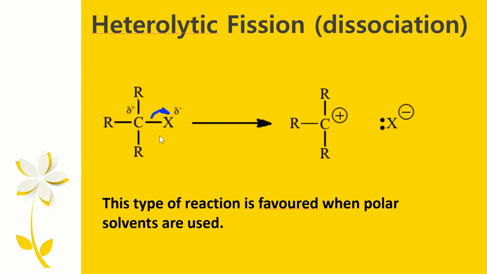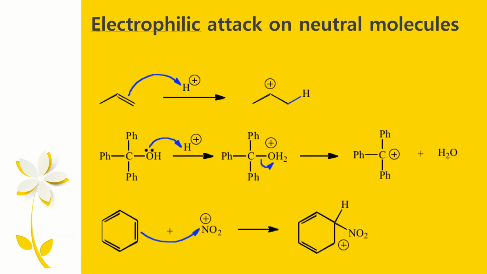And so clearly whatever carbocation that will be generated must be a stable one. So if you recall from preliminary chemistry, if we have a tertiary carbocation, then that is stable and favorable. And of course, if we have a polar solvent, all the better for generating this carbocation. So this is the first way, heterolytic fission.